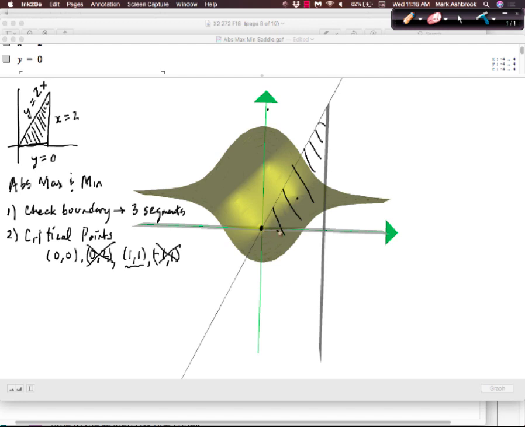Then we're going to check the critical points. We'll get a list of possibilities and find all the z-values. The very greatest z-value will be our absolute maximum, and our very least z-value will be our absolute minimum. Okay, so here we go. Let's do the boundary. The first part of the boundary is y equals 0.